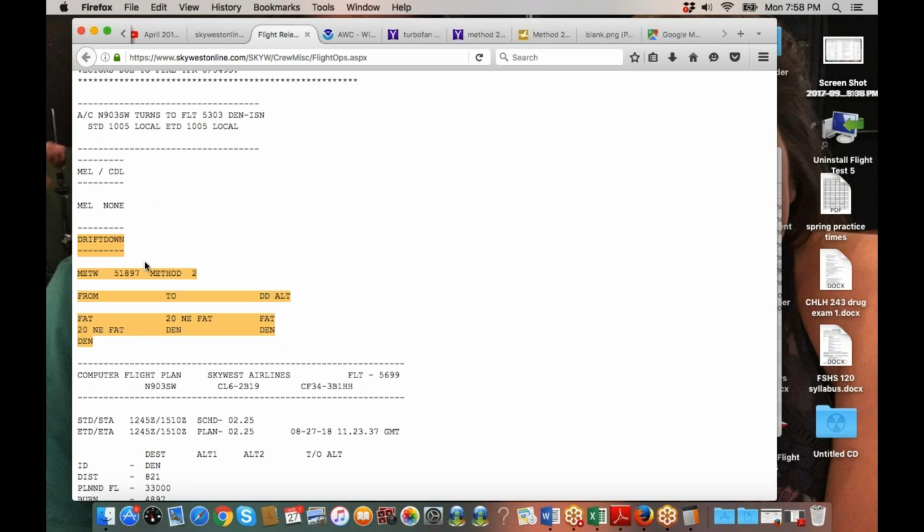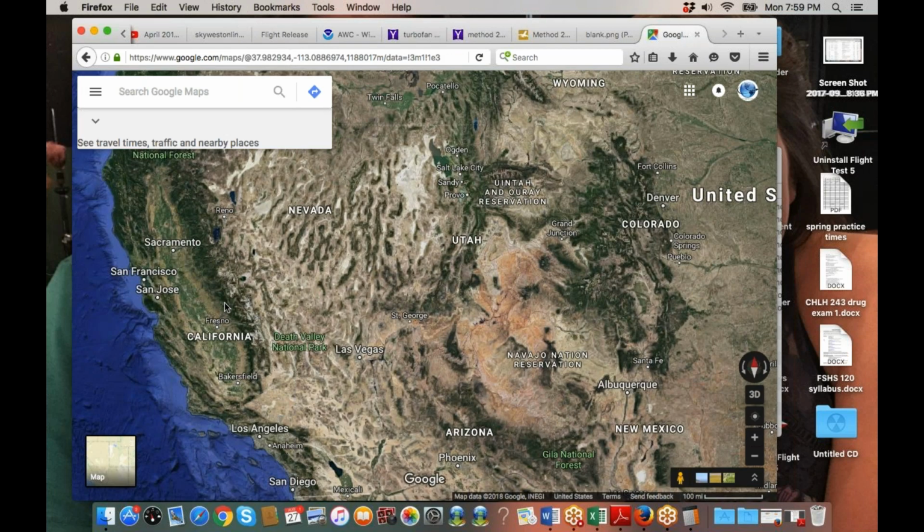So this is what it looks like for us at SkyWest. So we have a from, a to, and our drift down alternate. So from Fresno to 20 miles northeast of Fresno, if we have engine failure, we turn back around and go to Fresno. So from Fresno, our route kind of goes up this way.